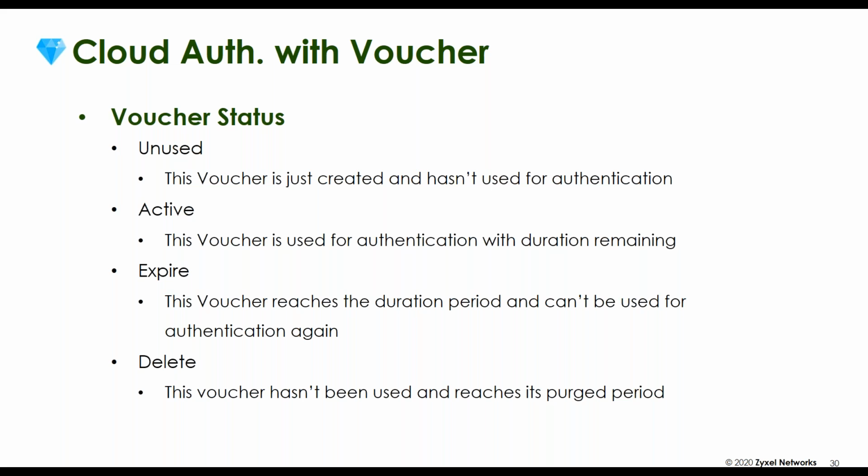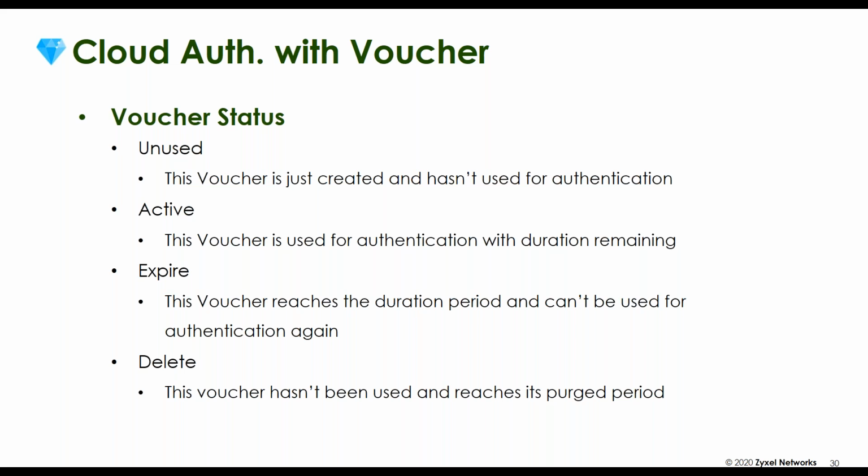Expire is when the voucher reaches the duration period and can't be used for any authentication again. So if you purchase a voucher for 30 minutes and that 30 minutes is up, the voucher will change to expire. It will still show on there as being expired until the purge period has been specified.